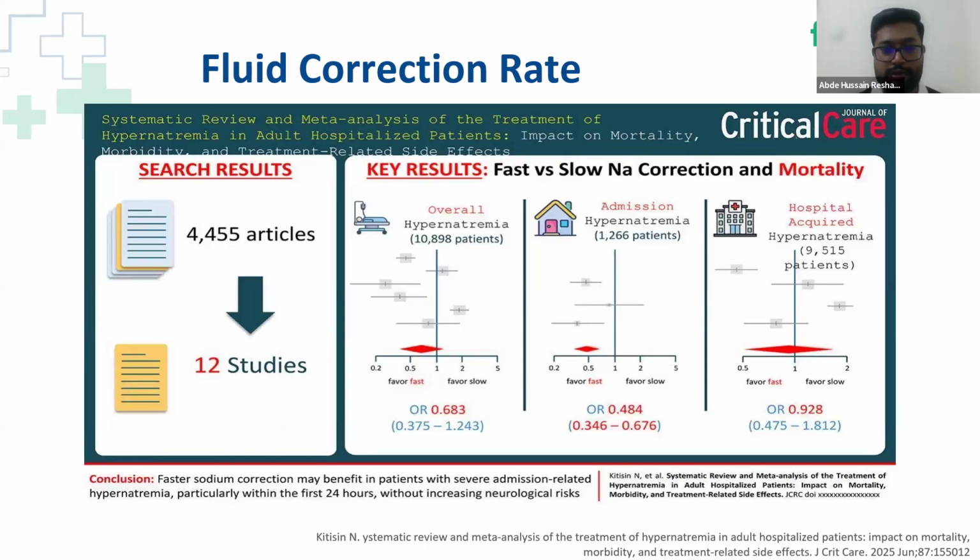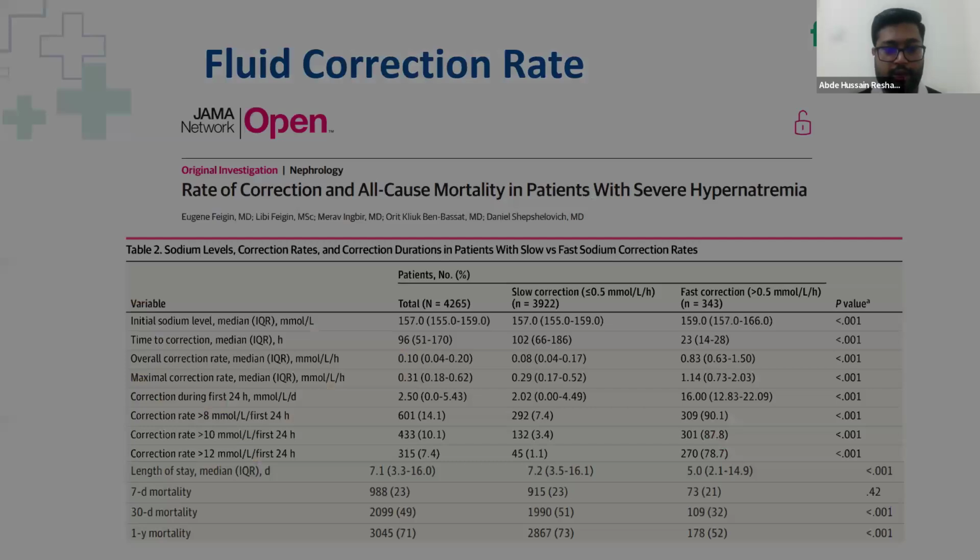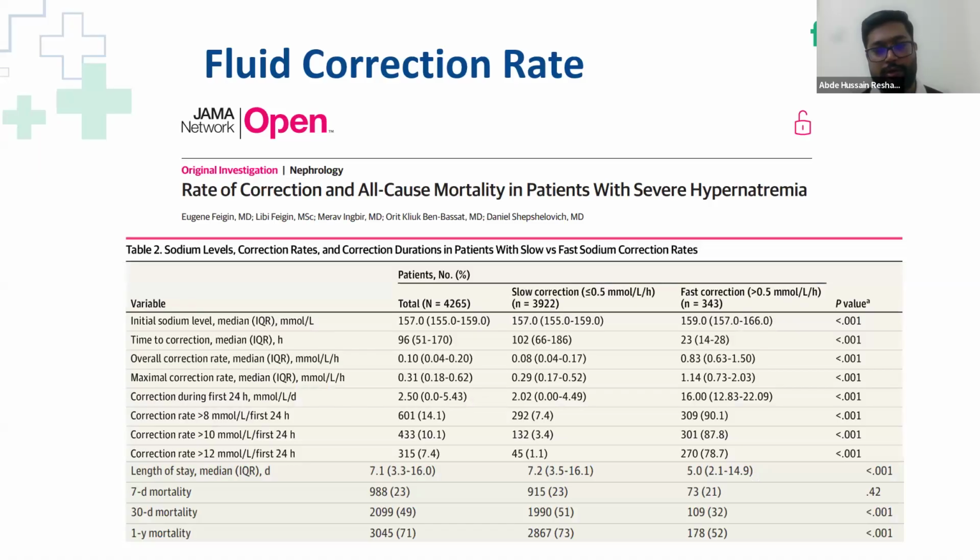So it is a bit of a tricky thing, whether fast or slow correction is correct. One more study noted that a 7-day mortality effect was not there, although 30-day mortality and 1-year mortality were better with faster fluid correction.